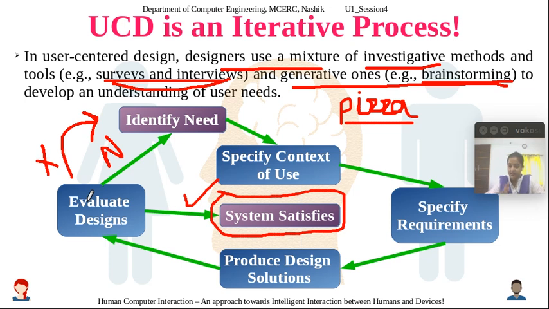Whenever their sample users identify that yes, the crust is as expected, the amount of cheese is as expected, the amount of veggies and toppings are as expected, then you are redirected to the system satisfying your pizza requirements. Your working is okay, meaning whatever approach you employed was correct to provide the newer version of your pizza.